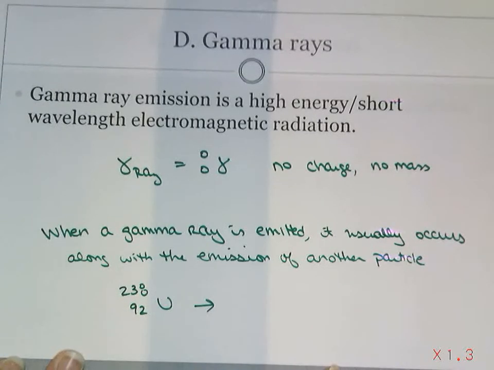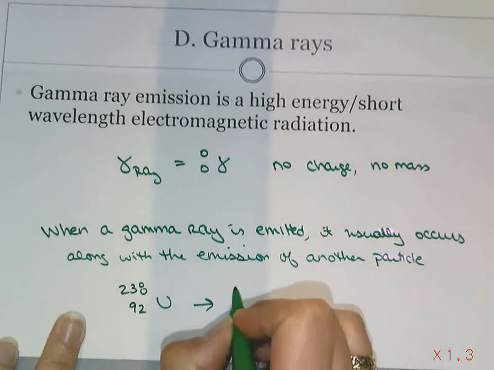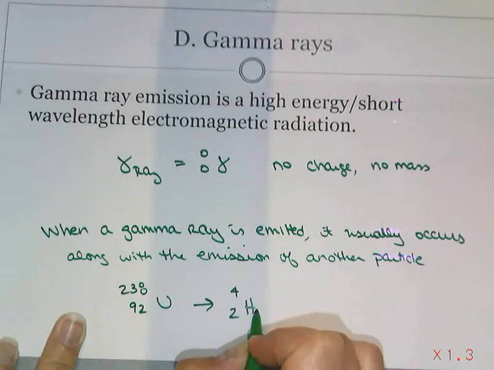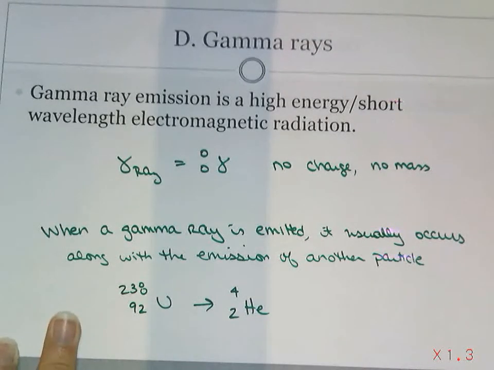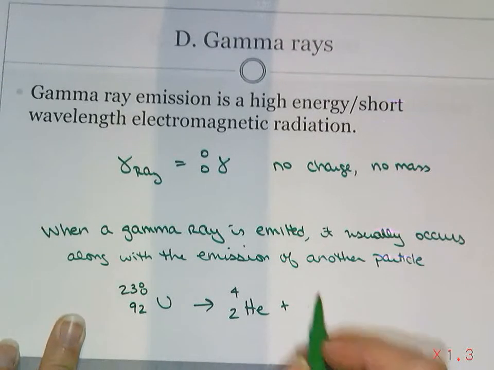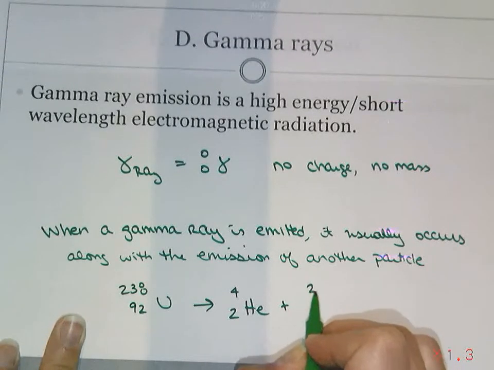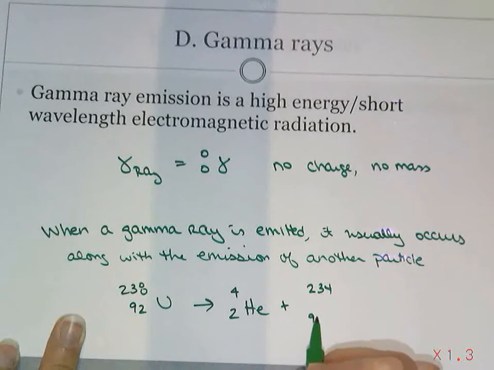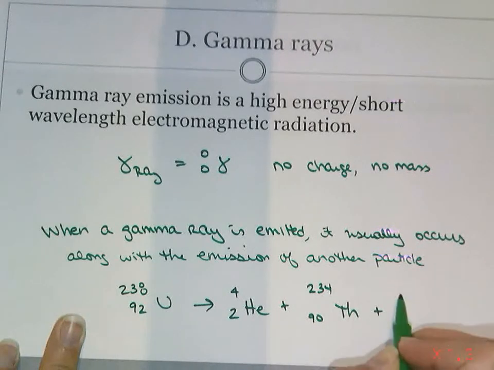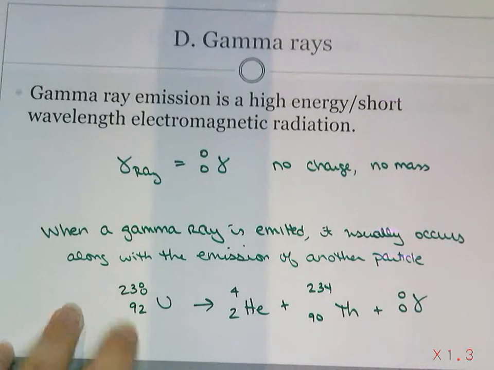So if I look at my uranium-238 again, if we did our alpha particle emission, we would make that thorium compound. But I could also emit a gamma ray, and it wouldn't affect the overall balance of the equation.